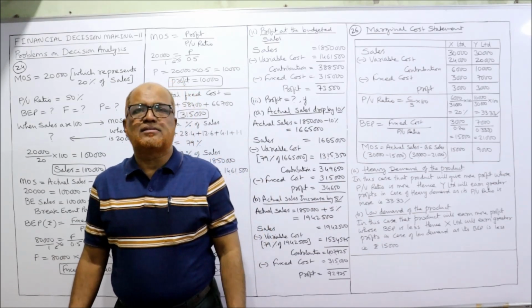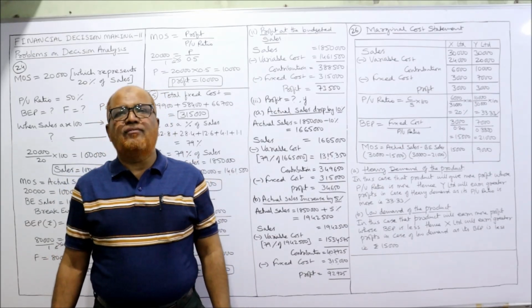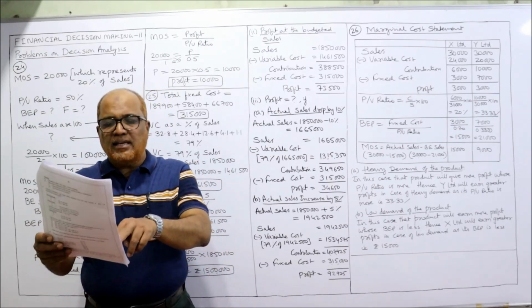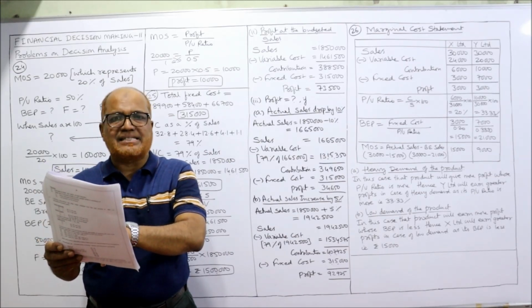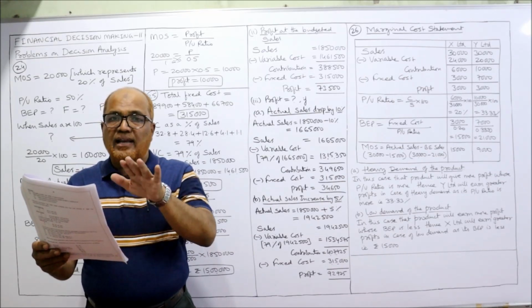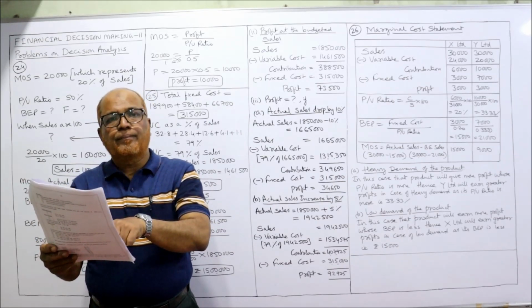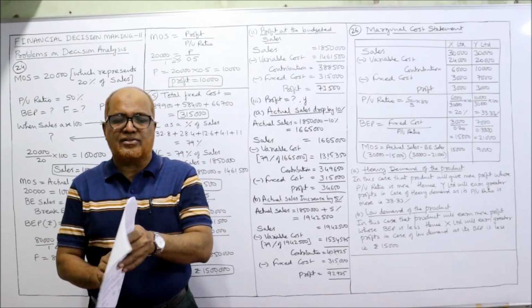Then what is the difference? The difference is in the composition of fixed cost and variable cost. In X Limited, variable cost is more and fixed cost is less, whereas in Y Limited variable cost is less and fixed cost is more. That is the difference.